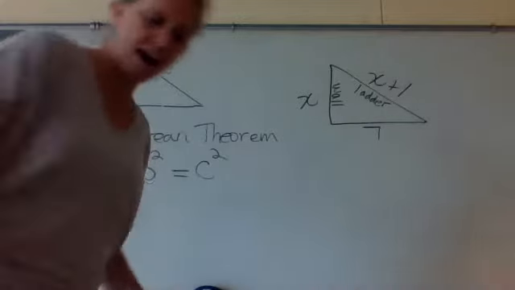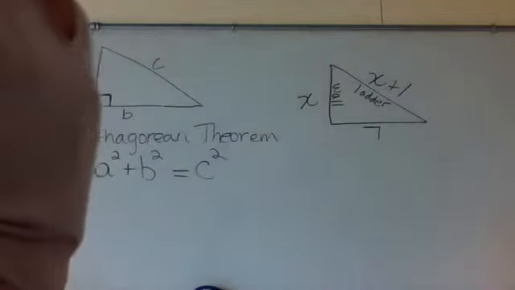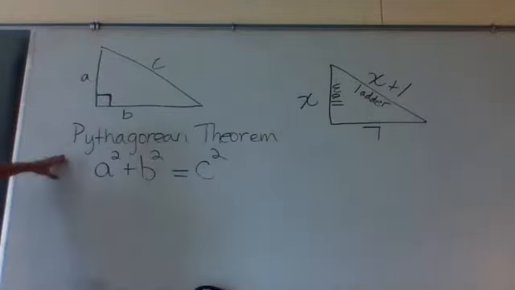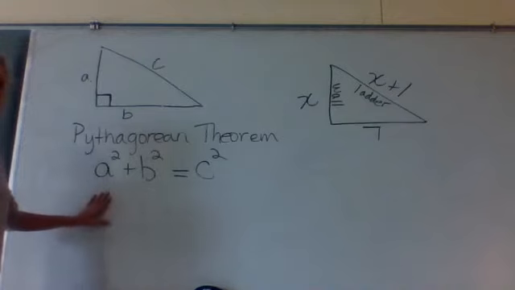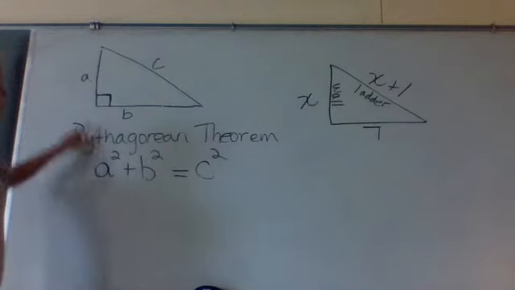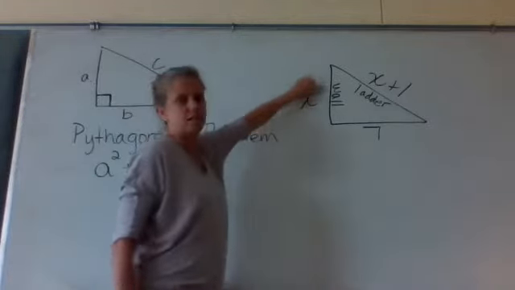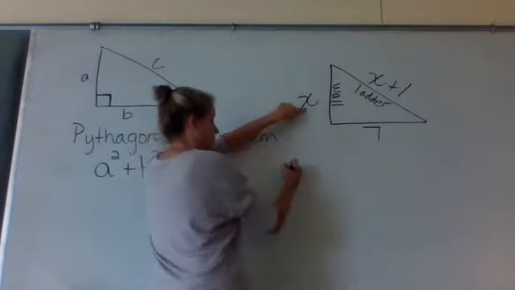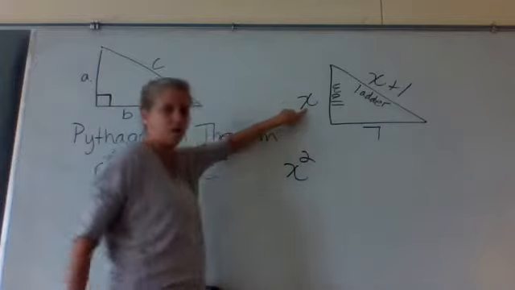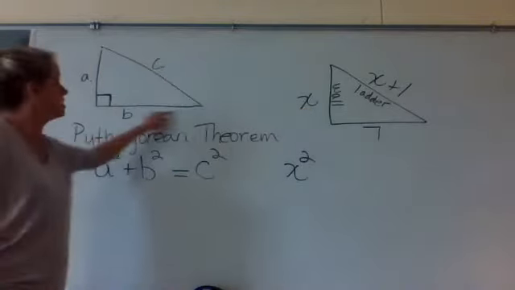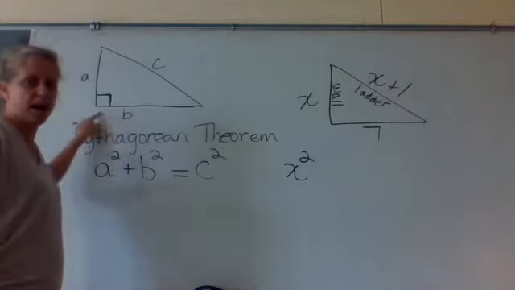Now, let's see, why am I saying this one's going to end up better than the last problem? Let's set this up with the Pythagorean theorem. A squared, which side represents your A over here? This one. So square it, which just gives me x squared, plus this side squared.